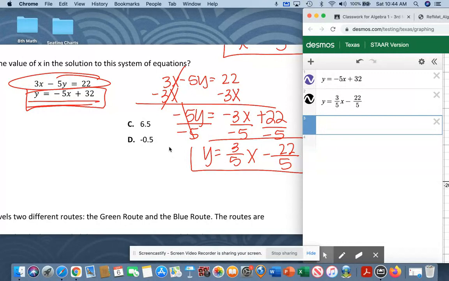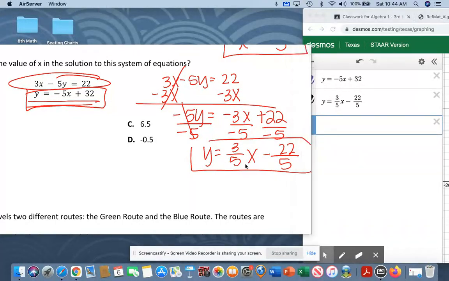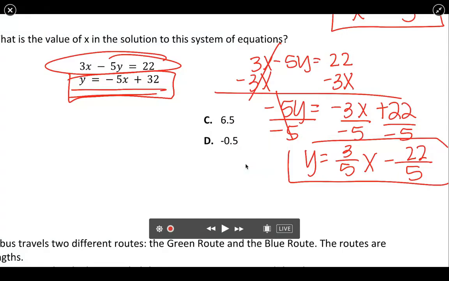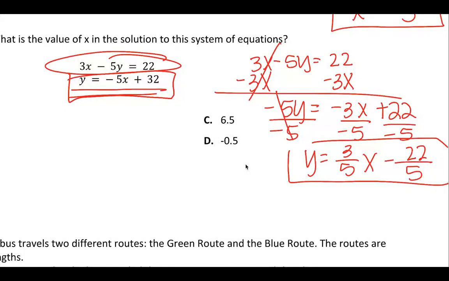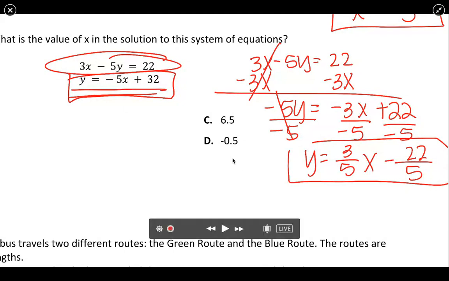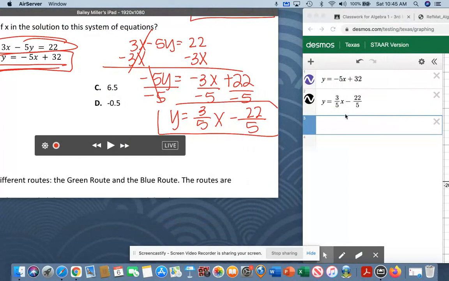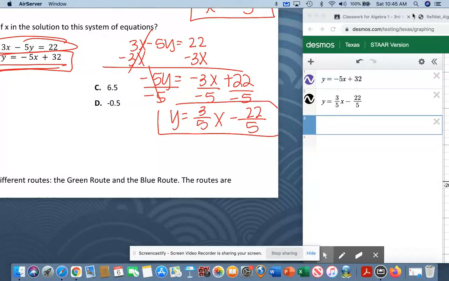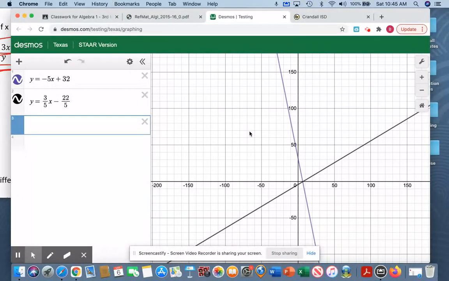Divide everything by negative 5. 3/5. That should be... Huh. What did I do, y'all? Minus 22. I don't see what I did wrong.